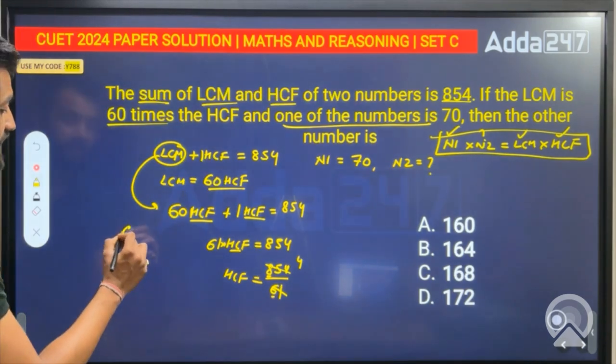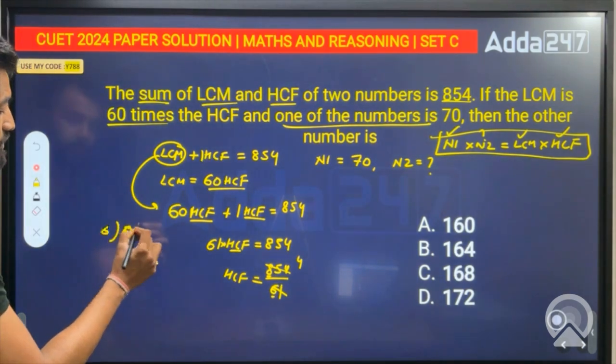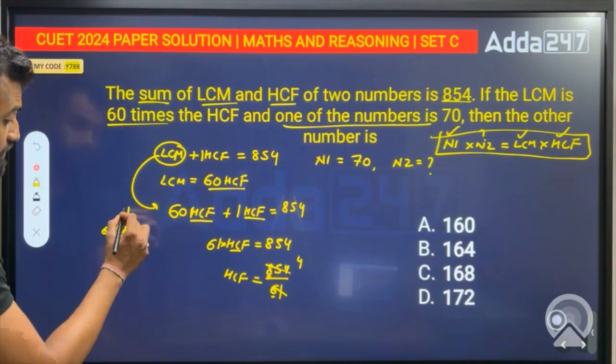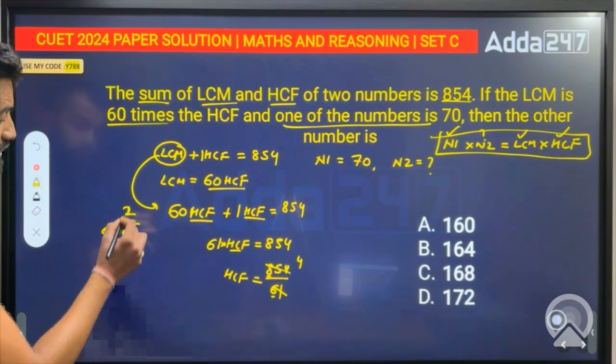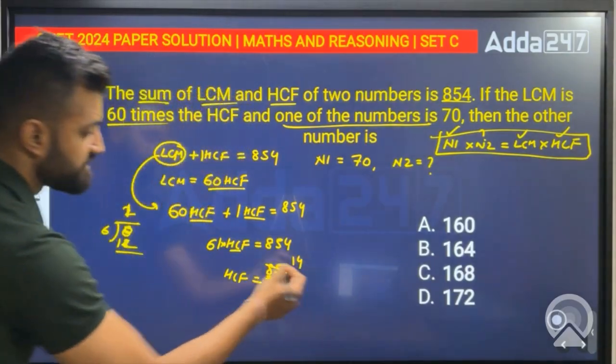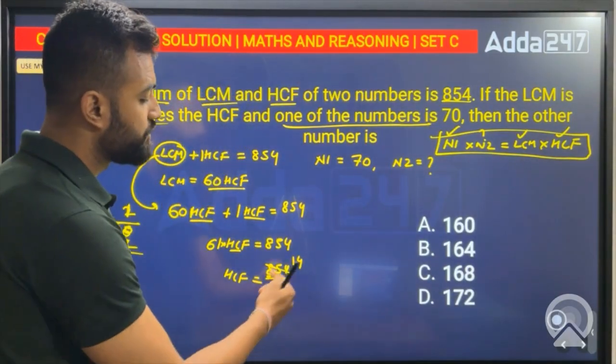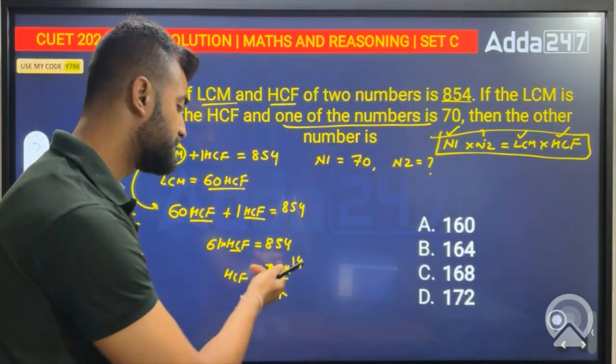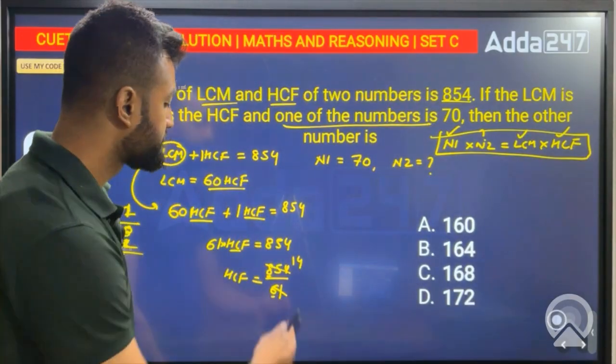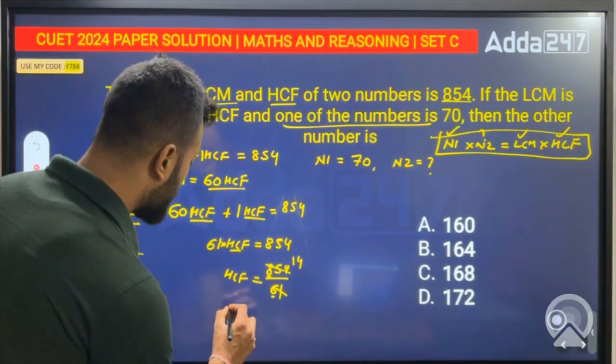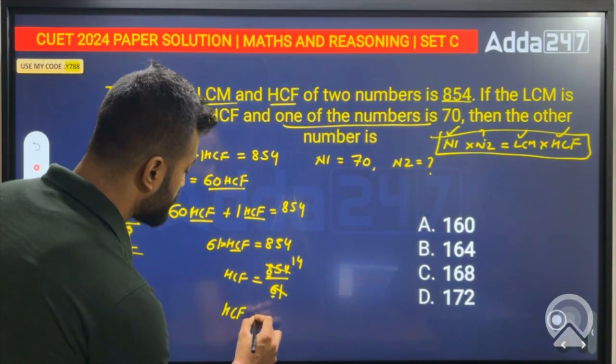If you divide 8 by 6, 6 ones are 6. If you take 6 twos, it will be 12, which is too much. So you have to take 1. So just put 1. That means your HCF is 14. 61 into 14, you will definitely get 854. So I have got HCF, and HCF is 14.